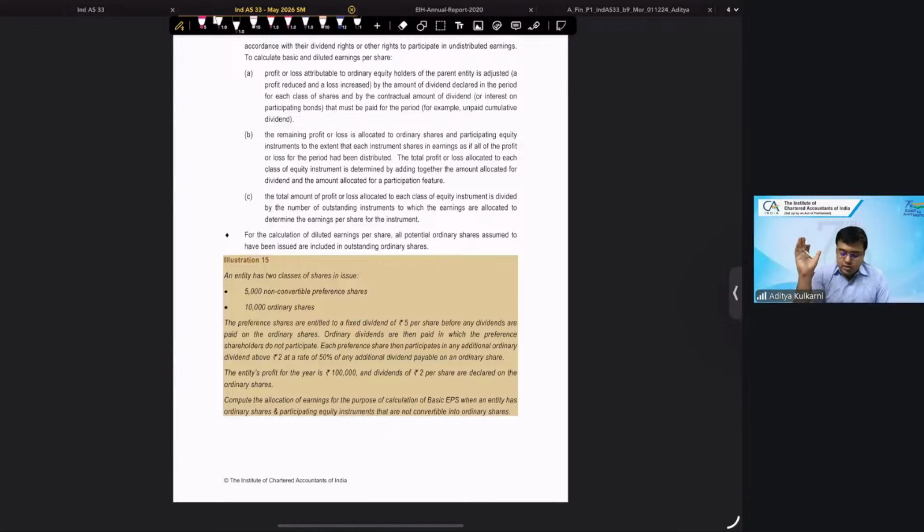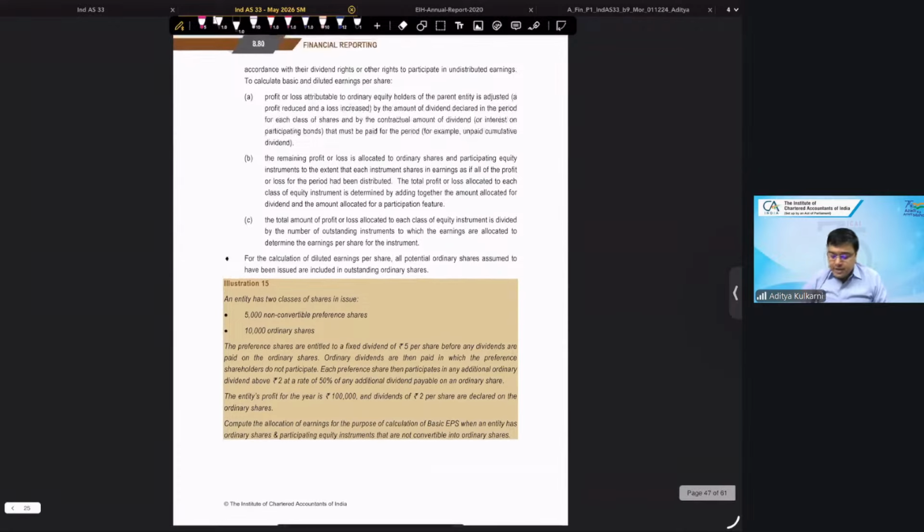In addition to this, you may be having certain preference shares where they also have a right to participate in the undistributed profits. That is the way you are going to have the rights assigned to these preference shareholders. Okay. So in that particular case, how do I have to calculate the EPS? We'll just look at that.